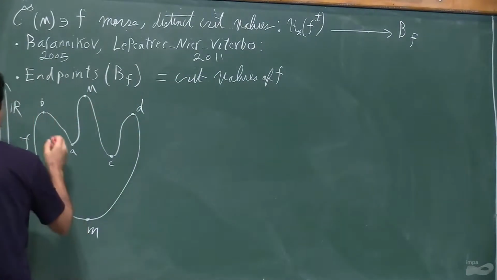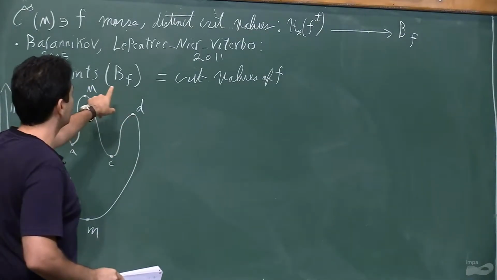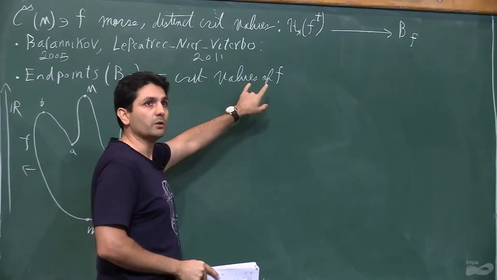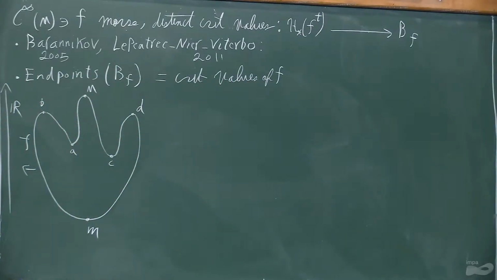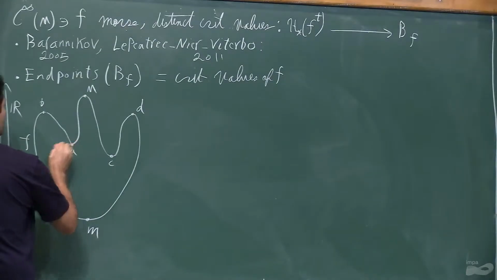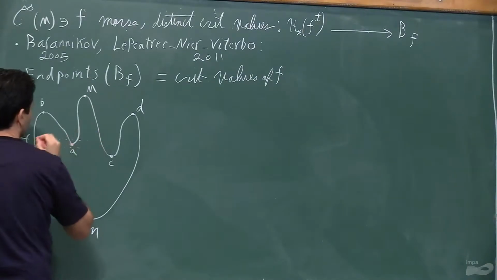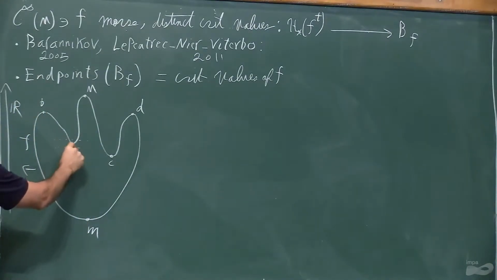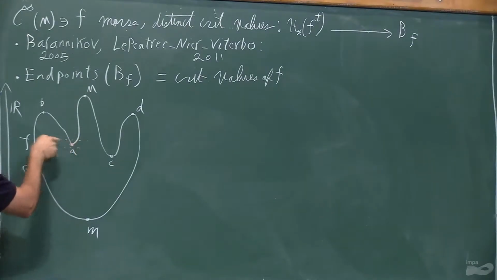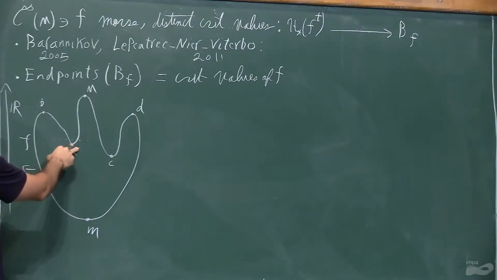As I said, the endpoints of the barcode will be the critical values of the function. So each critical value will be the endpoint of some bar. And I'll tell you how to find a bar whose endpoint sits at A. What you do is you look at a small window around the value A. I'll use A to denote both the critical value and the critical point.